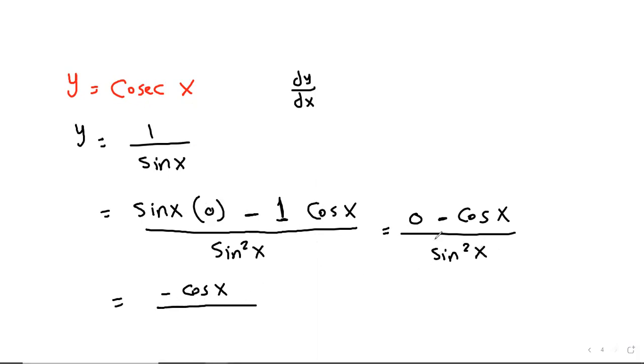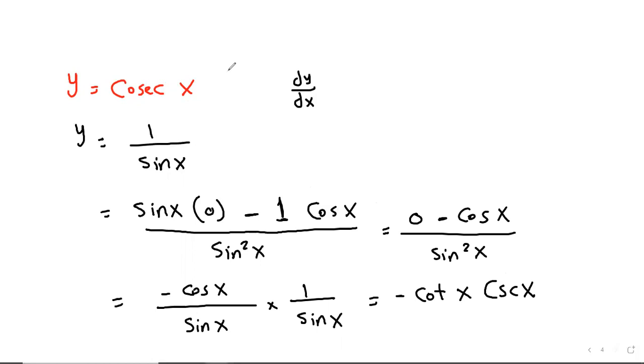We can write, instead of sine squared x, sine x multiplied by sine x, so 1 over sine x. Negative cosine x over sine x is equal to negative cotan x, multiplied by 1 over sine x, which is cosec x.